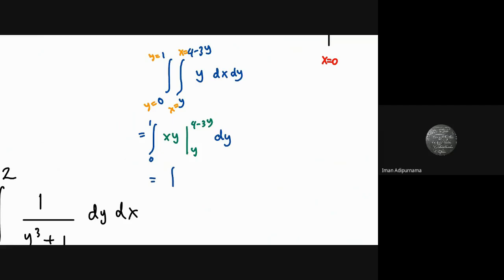And we will have 4 minus 4y multiplied by y.